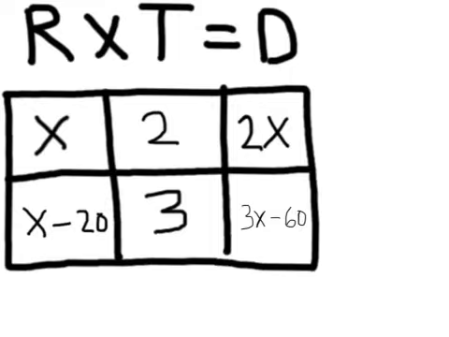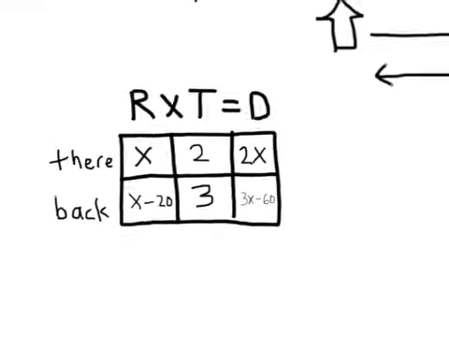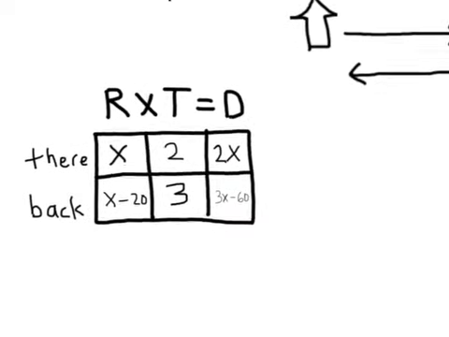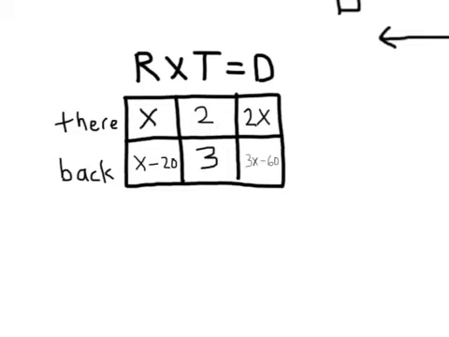Very good. So we also know, judging by the arrows over here, that the distances are the same. They're actually equal to each other. So we could represent that very fact algebraically by creating this equation where 2x equals 3x minus 60.